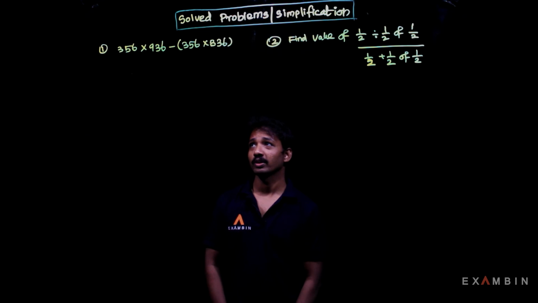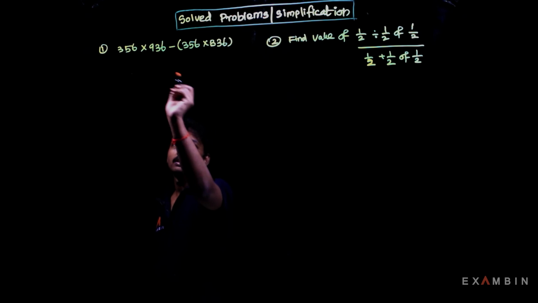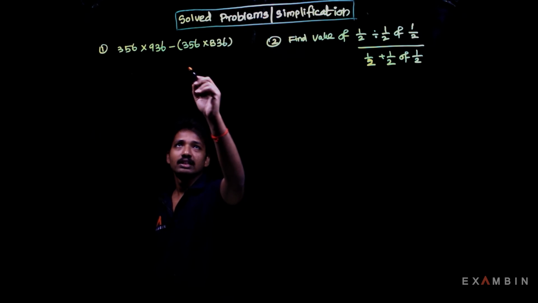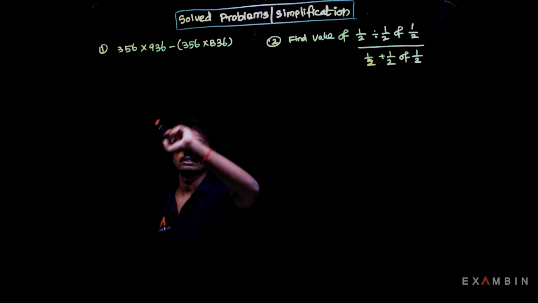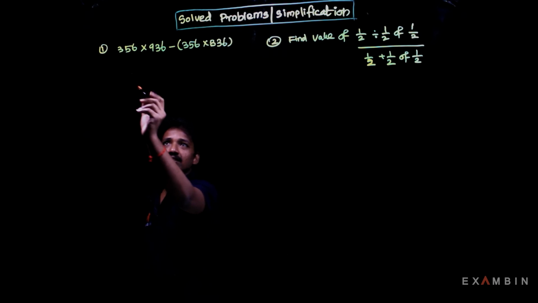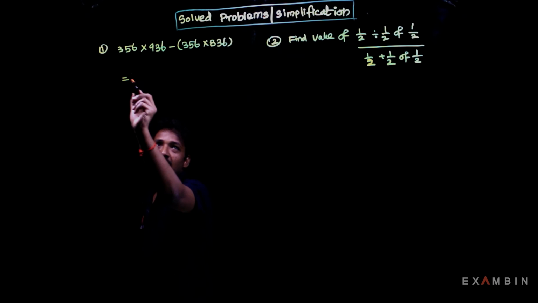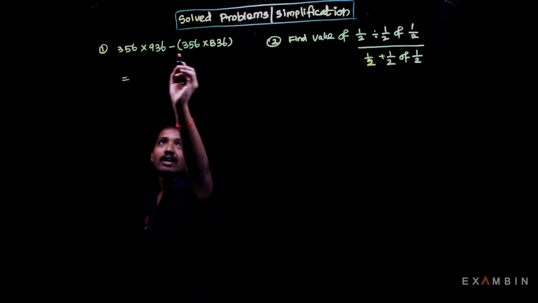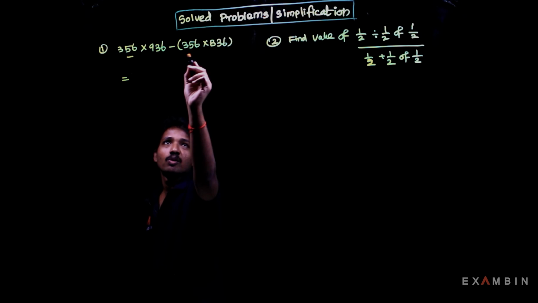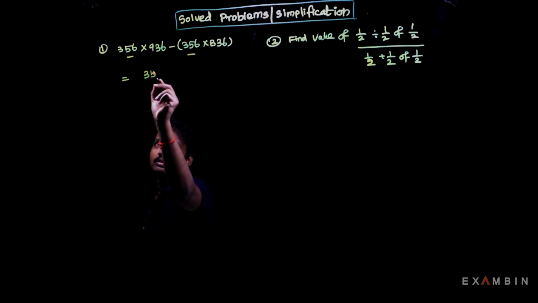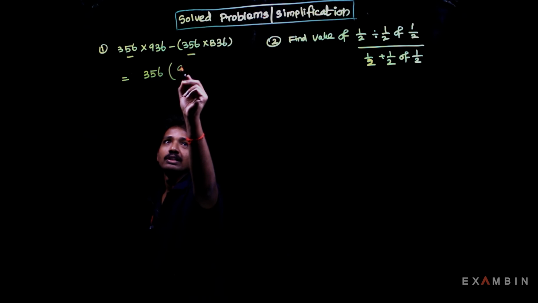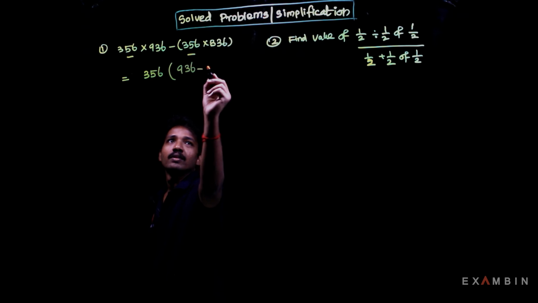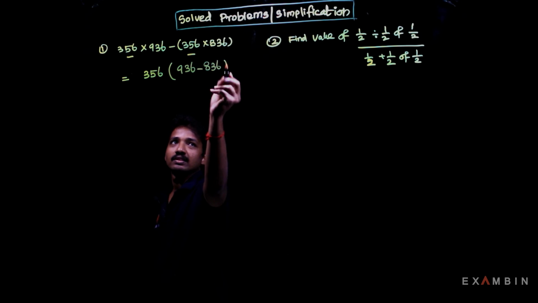The first example we are going to see is 356 into 936 minus 356 into 836. The parenthesis is there. First thing, in both terms we have 356 as common. So taking out the 356, the value will be 936 minus 836.